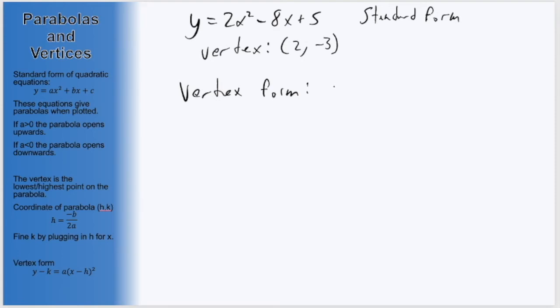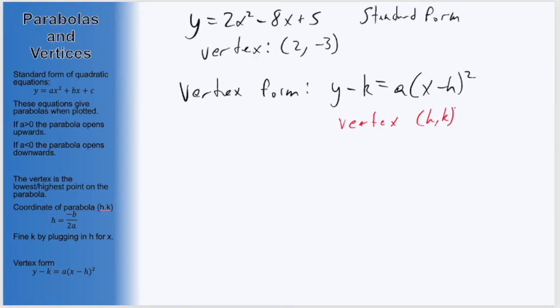The vertex form looks like y minus k equals a times parentheses x minus h squared, where the h and k are again our coordinates of the vertex as we defined earlier, and the a is the same a as in the standard form. So if you were given an equation in this form, you could quickly read off the vertex as h, k.